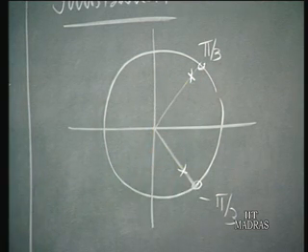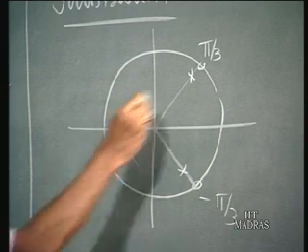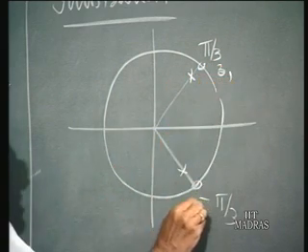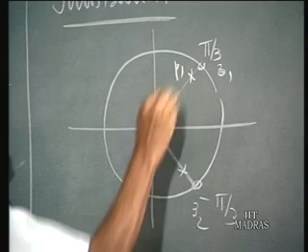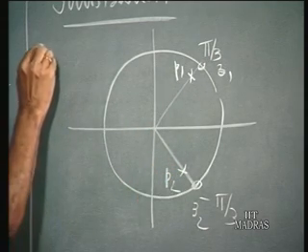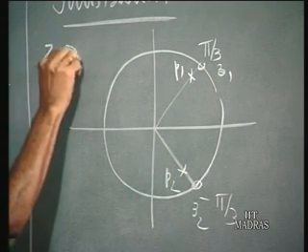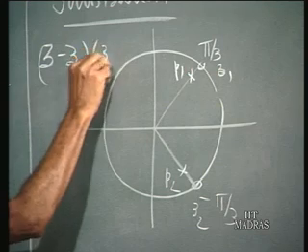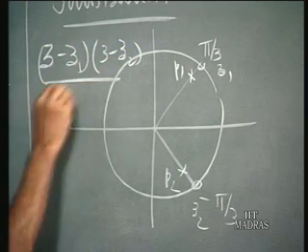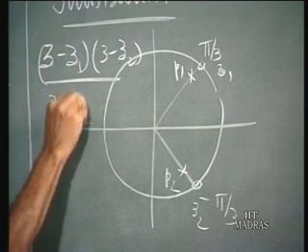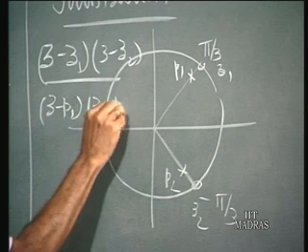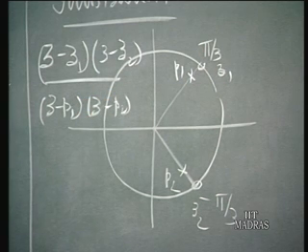So the system function, let us say, this is Z1, this is Z2, this is P1, this is P2. That means the system function is (Z minus Z1)(Z minus Z2) divided by (Z minus P1)(Z minus P2), where we have taken the constant multiplying factor as 1.